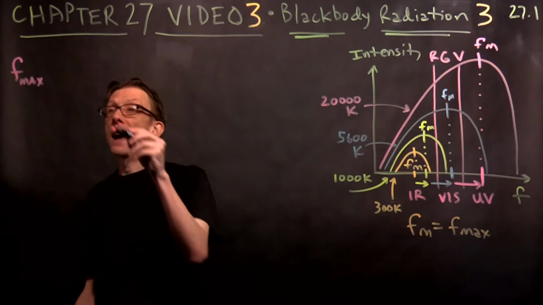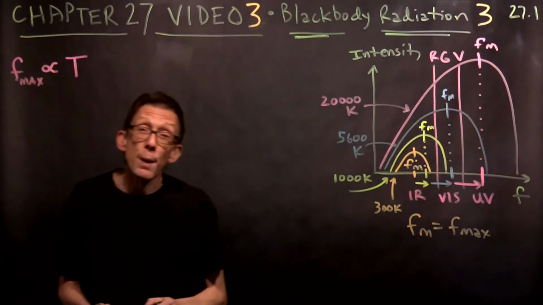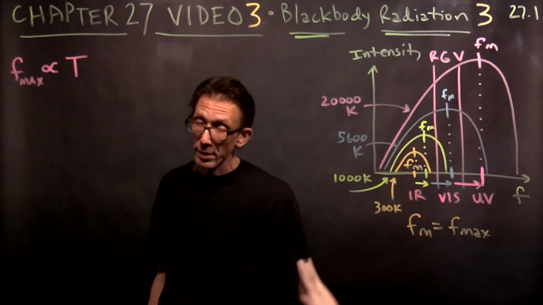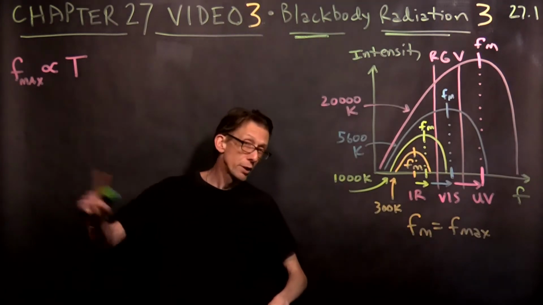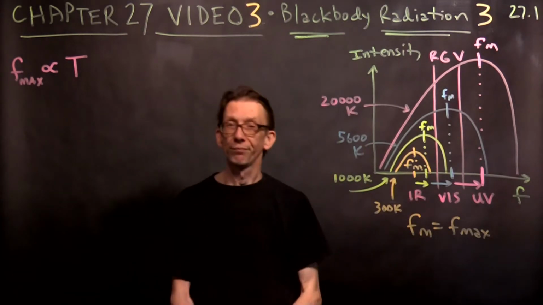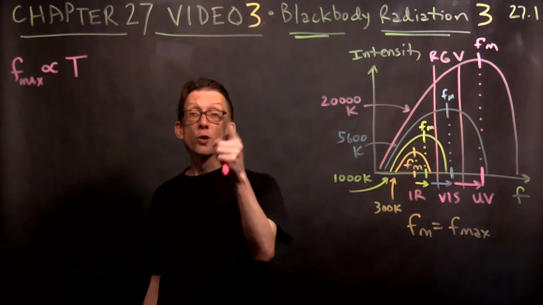Turns out that f max is proportional to the temperature in kelvins. In kelvins, not degrees Celsius, not degrees Fahrenheit, not that weird degrees Rankine thing. Kelvins. They are proportional, so if you double one, you double the other.